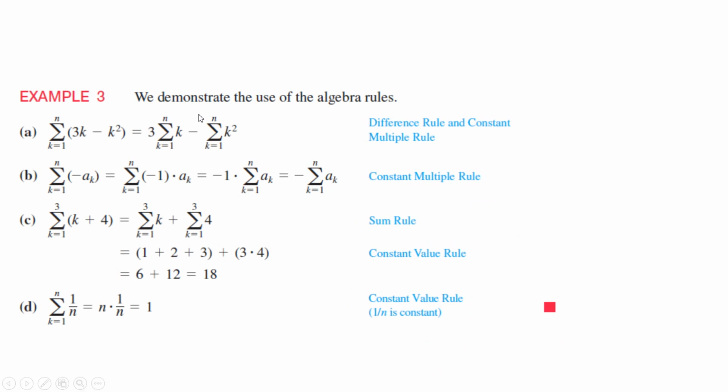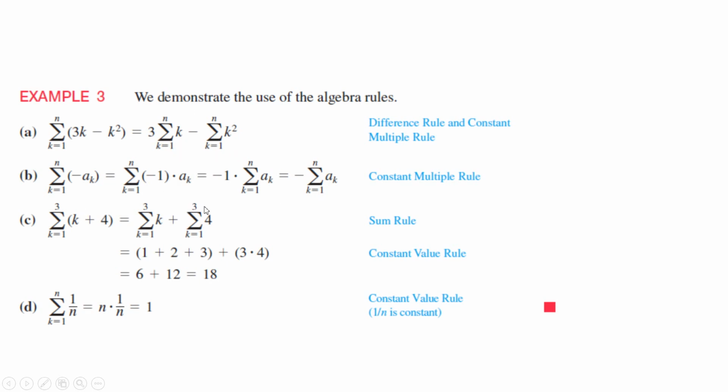Next, example number 3. This is actually an example of how to use these rules. Sigma k varies from 1 to n, 3k minus k square can be written as 3 sigma k, k equal to 1 to n, minus sigma k square. Now the constant multiple rule is used and the difference rule is used, right?